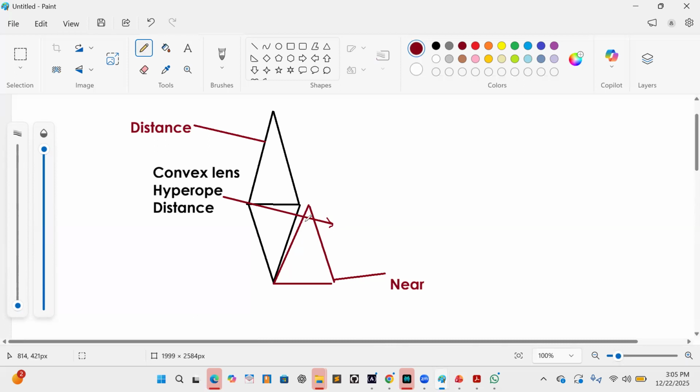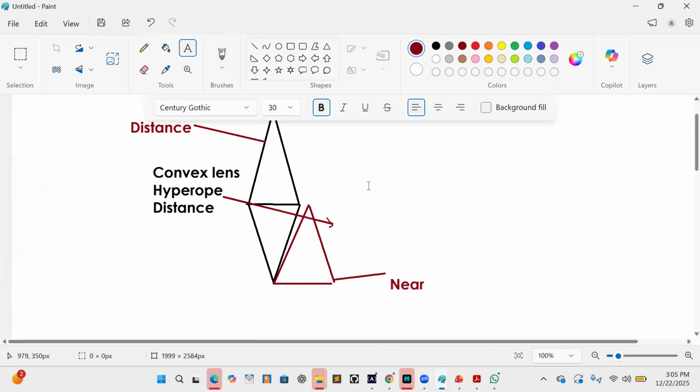So you can see that because you are moving from the distance to the near, when you look down, you are looking to the apex of the prism, which is the periphery of the prism. This is the optical center here because it's on top. The optical center is down. So you're going to be looking through the periphery, so there's going to be a lot of prismatic effect. So we have the image jump.